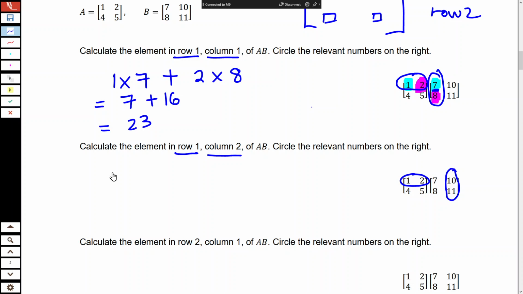And this time I will do 1 times 10 plus 2 times 11. Add those together. Get our answer.